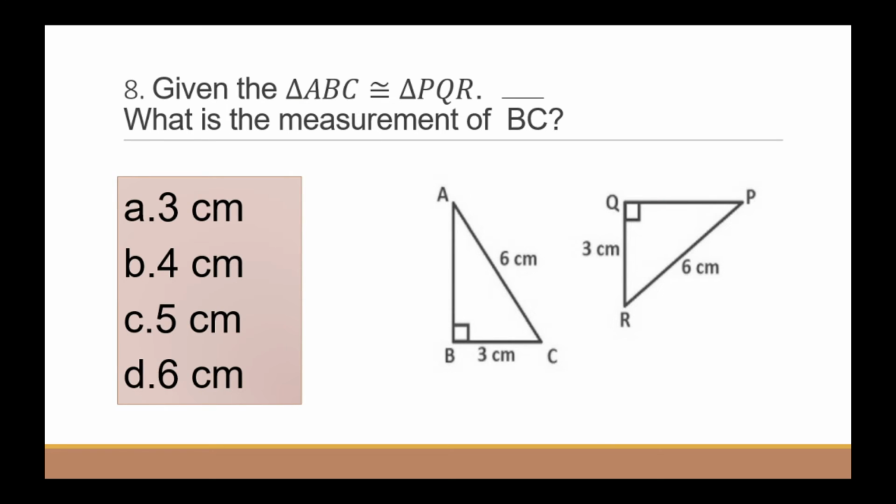Question number 8. Given the triangle ABC, congruent to triangle PQR, what is the measurement of segment BC? Letter A, 3 cm. Letter B, 4 cm. Letter C, 5 cm. Or letter D, 6 cm.